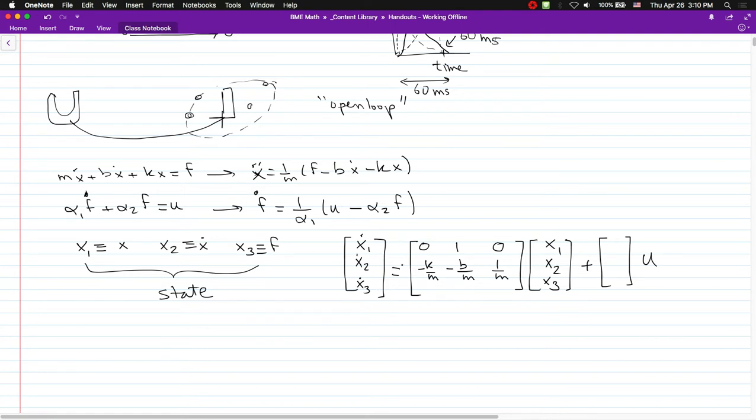Force dot is not a function of position, not a function of velocity, but a function of force, and that's minus alpha 2 over alpha 1. Okay, so now what about the input u? The input u only affects f dot, so that's a 0, 0, and 1 over alpha 1 here.